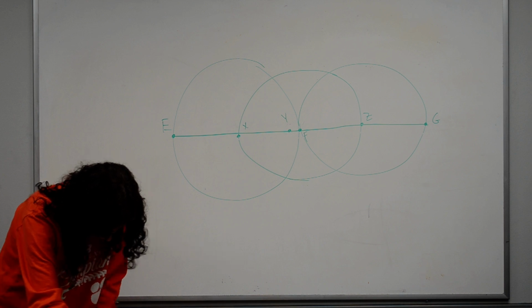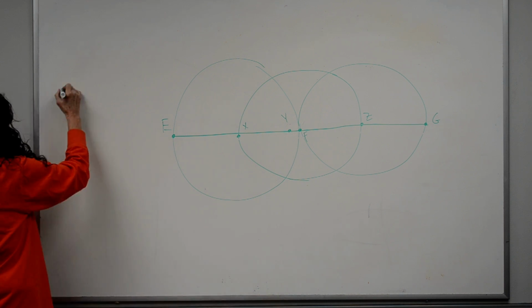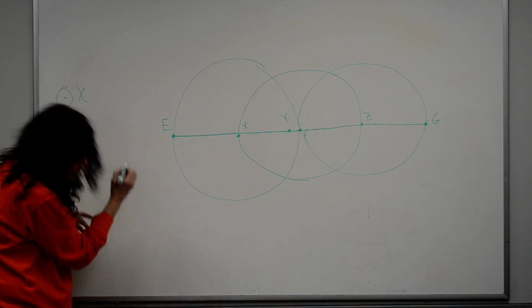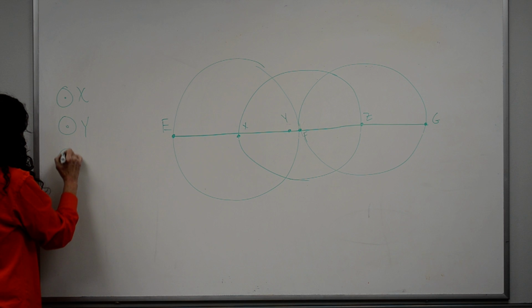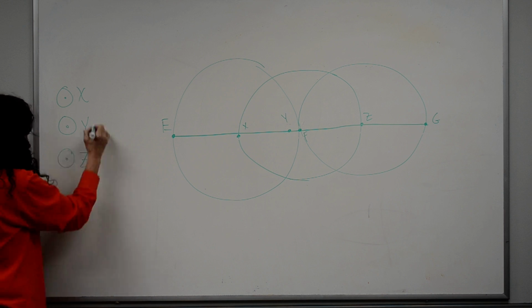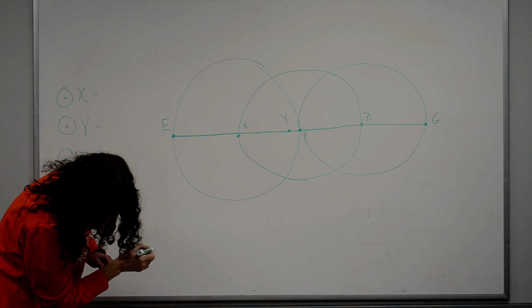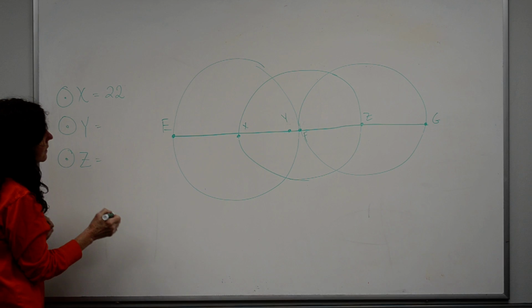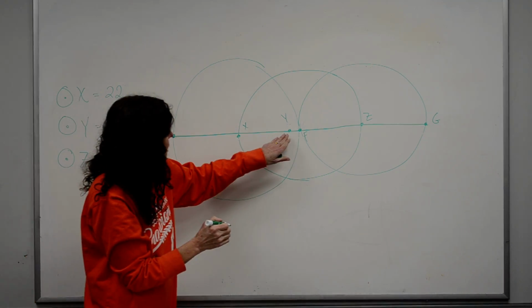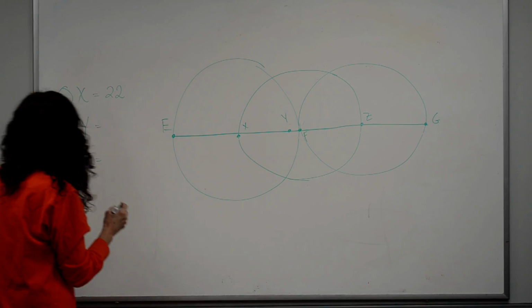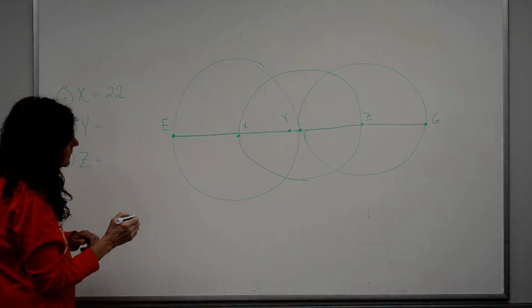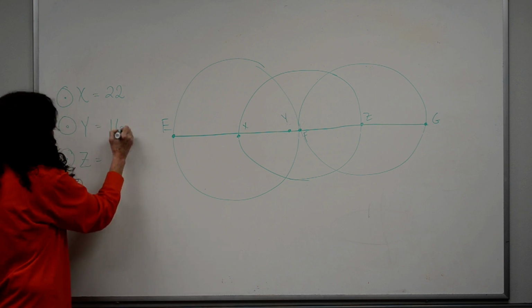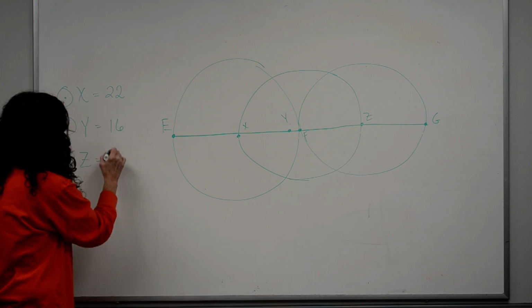All right, I know that I have circle X, circle Y, and circle Z. And then the diameters of these are 22, 16, and 10.